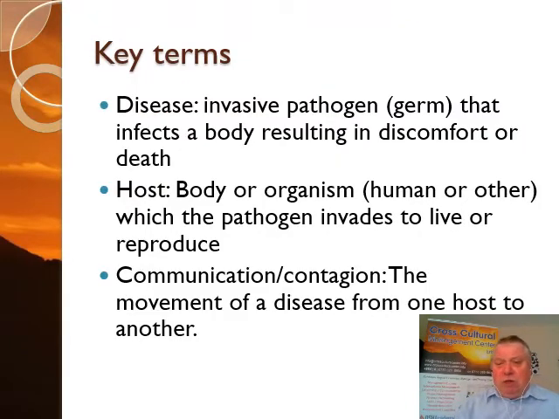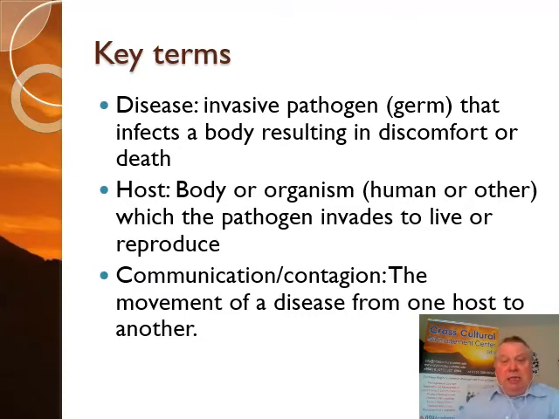Now, for this course, some of the key terms we'll be discussing: disease. What is a disease? Typically, there are two main types. One is transmissible diseases or contagious diseases, diseases you get from somebody else. And these are typically caused by germs or pathogens that infect your body and may result in discomfort or sometimes death.